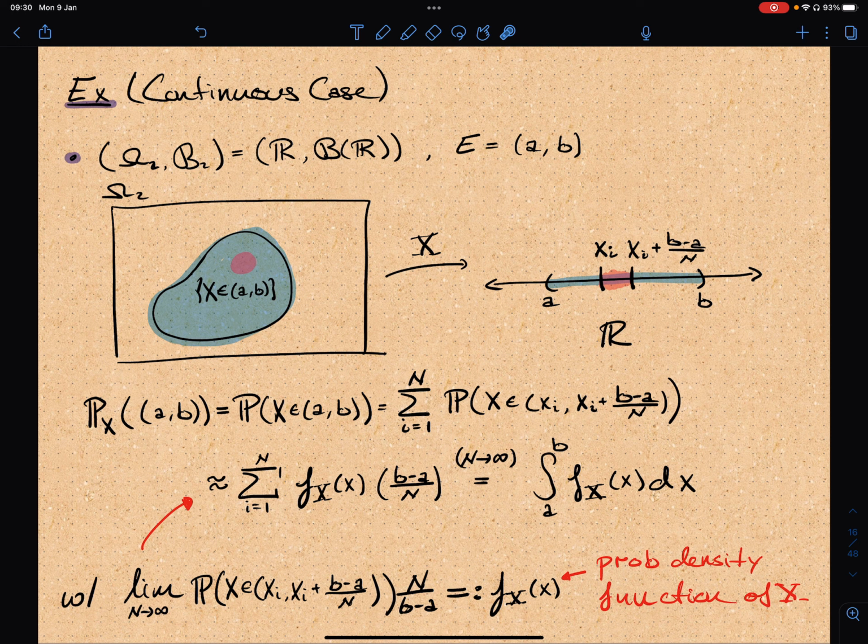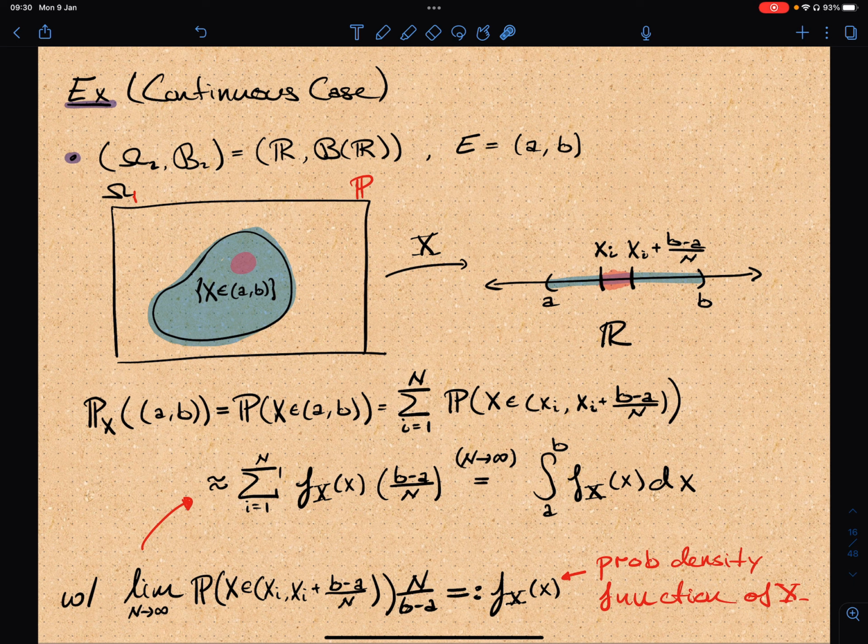I want to compute the probability of an event (a, b). Again, I first take the inverse image under X. Here I have a probability function that's defined in this original space, and I compute the probability of this pre-image.